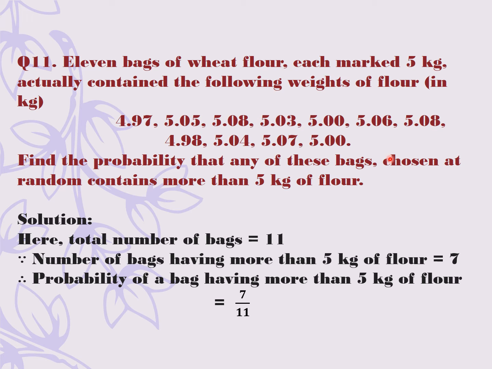So we have a total of 7 bags which are actually weighing more than 5 kgs. So we will not include 5 kg because we are talking about more than 5 kg. Hence, the probability of the bag having more than 5 kg of flour is equal to total number of favorable outcomes, that is 7, by total number of outcomes, which is total number of bags, that is 11. Hence, the probability will be 7 by 11.